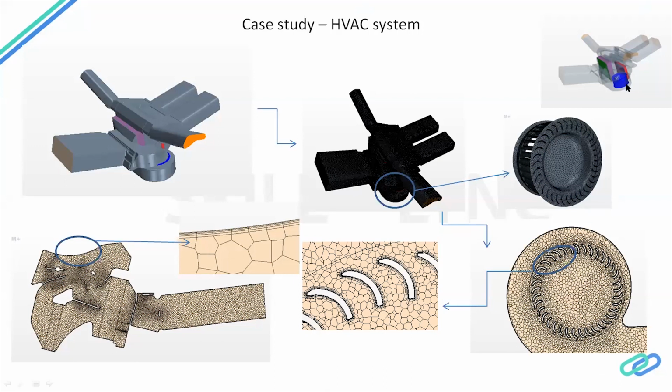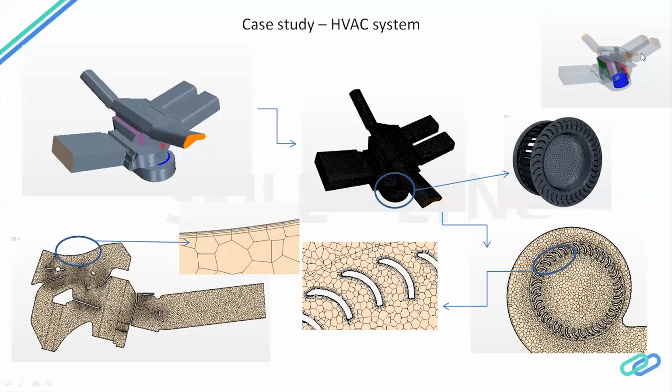The blower here rotates at a certain RPM and sucks the ambient fluid from this inlet, and it passes through here. This is called the evaporator. The purpose of the evaporator is to cool down the air coming from the ambient to lower temperatures. After that, it passes to the heater and enters the different outlets.